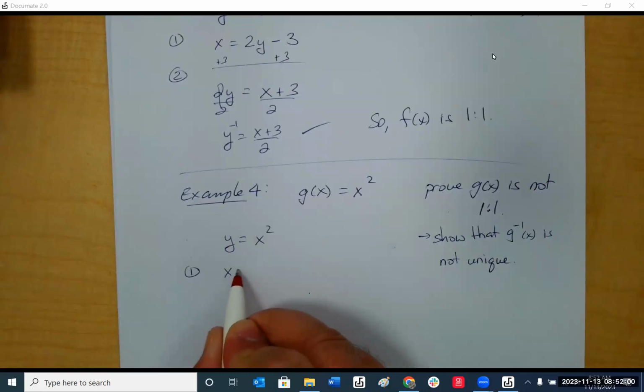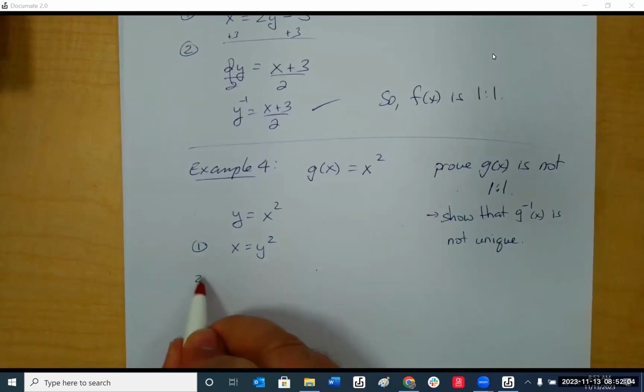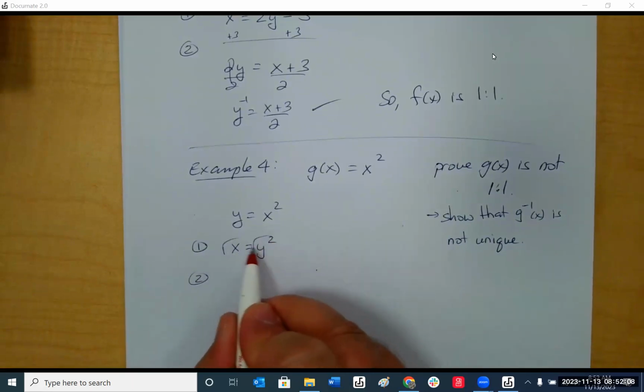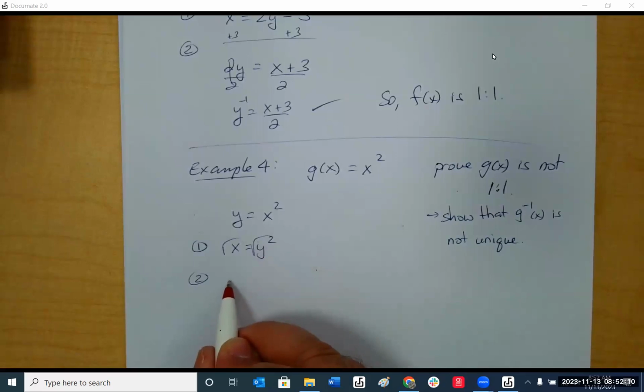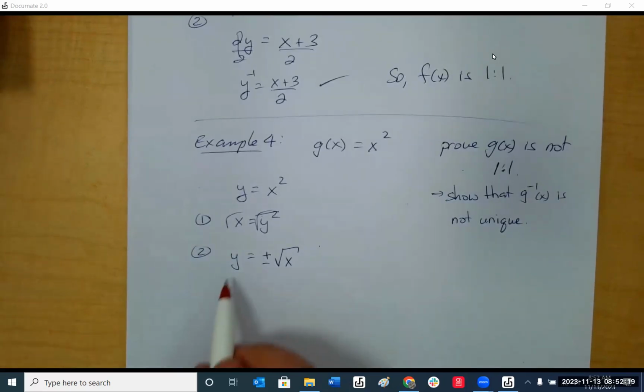First step, switch x and y. Second step, solve for y. I take the square root of both sides. So those cancel, and this equals plus or minus square root of x. y has two answers.